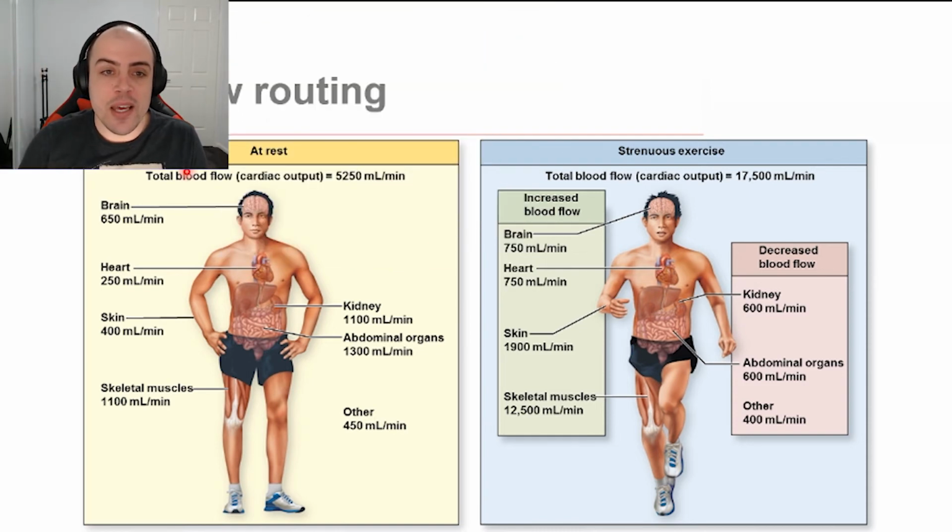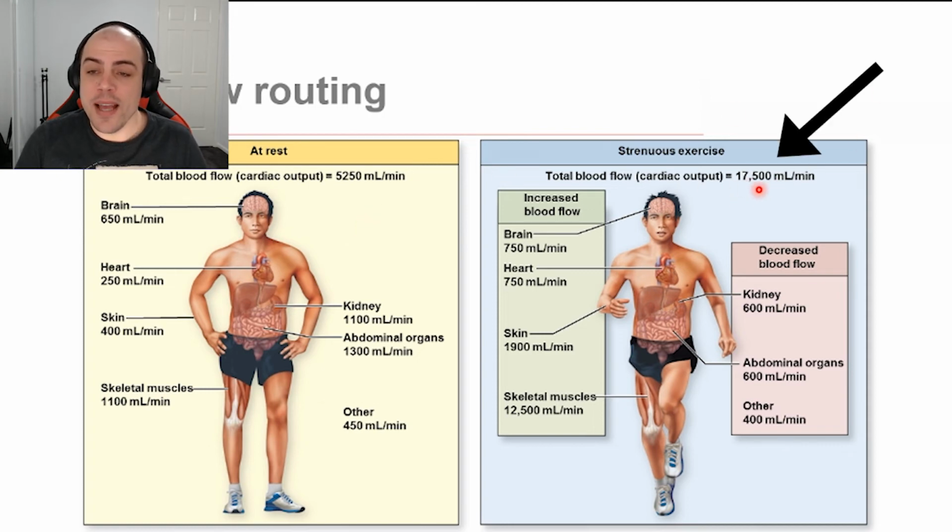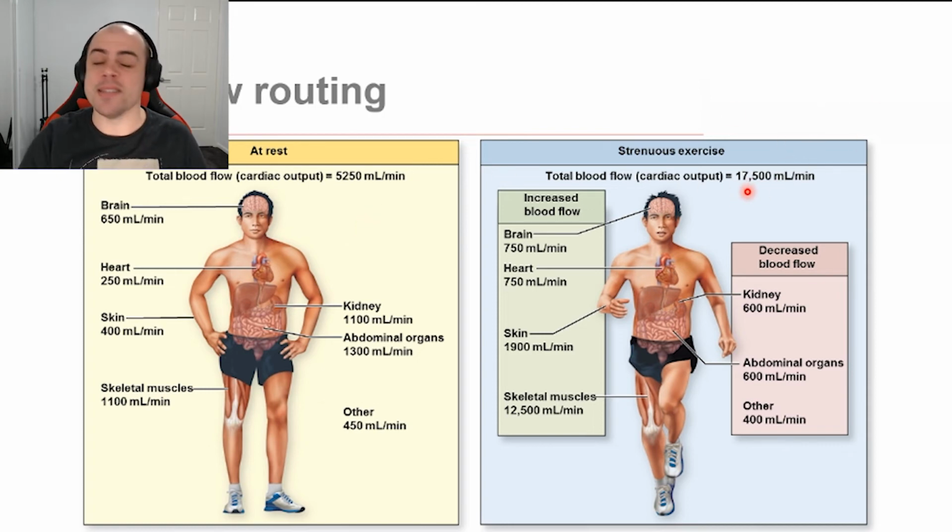And as we can see here, if we look at rest, we've got 5.2 liters of blood moving around the body per minute. Whereas if I'm running for my life, it's 17.5 liters. It's a huge increase. I'm significantly increasing the amount of blood moving around the body because I'm running for my life. Secondly, have a look at the change in blood flow to the kidneys and abdominal organs.